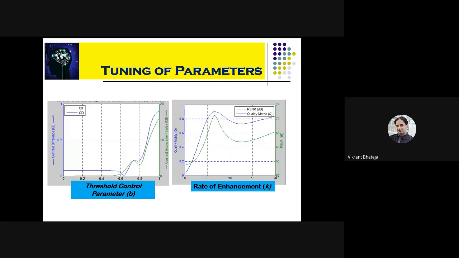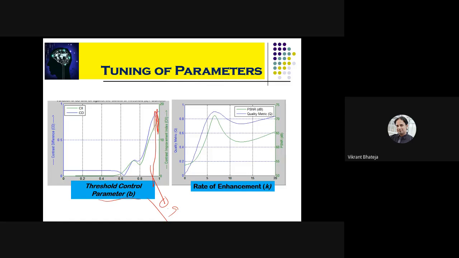So now if we do a little tuning of these parameters, that means we run this algorithm again for different ranges of these parameters, and you see where the peak is coming. If we see the threshold part, then your peak is coming over here somewhere. So suppose the threshold is chosen around 0.9, it may give you good results.